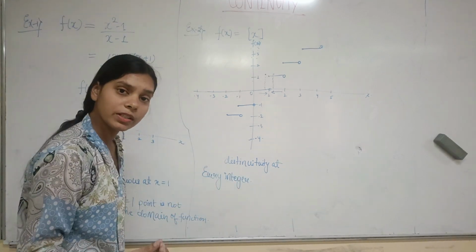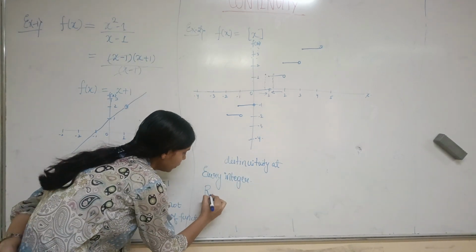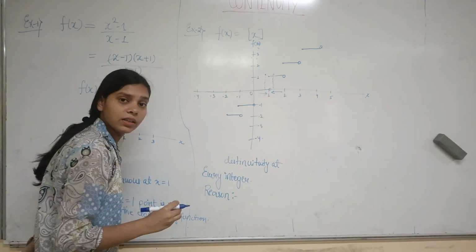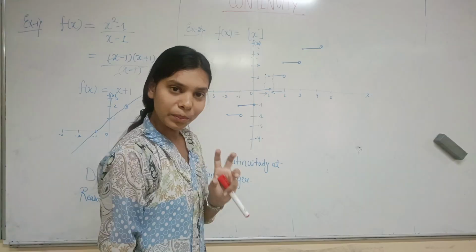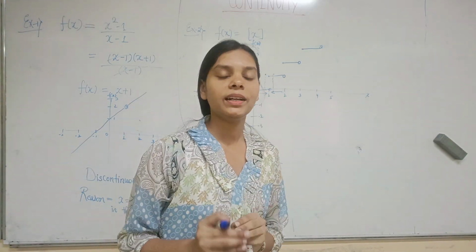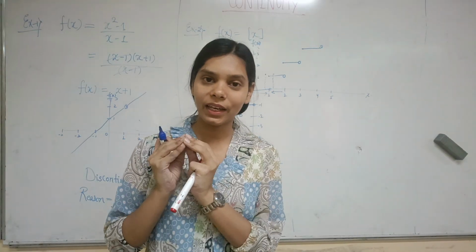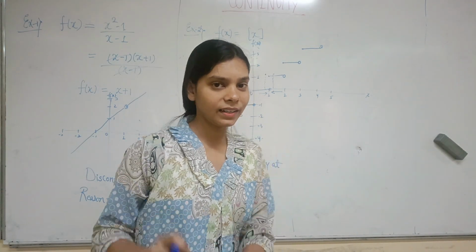Okay, and the reason why discontinuity occurs: because the left hand limit and right hand limit at x equal to 1 are not equal, right?